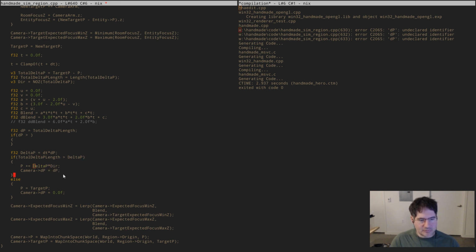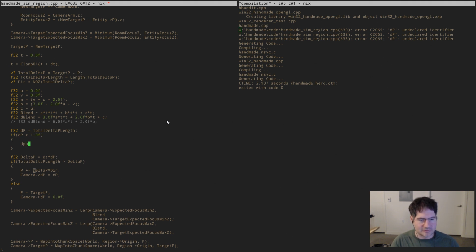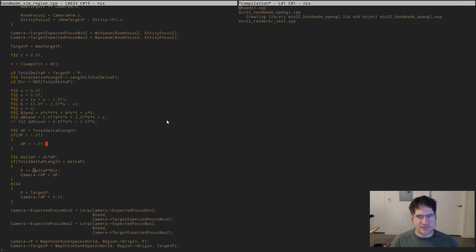So in that case where we're actually going to take the step, we take the step, otherwise we set it to 0, right? And so here, the dp is going to be equal to whatever the maximum speed is. In this case, I don't know, if it's over 1.0, then it just equals 1.0 or something like that, right? And that would give us a linear blend, like we had before without the curve.